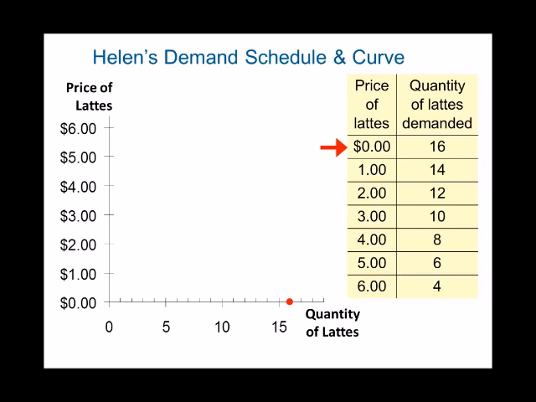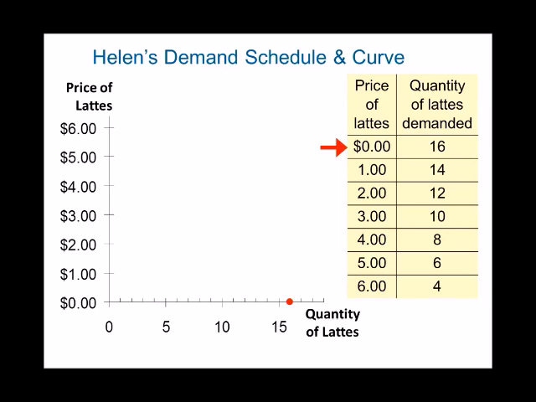In the case of the production possibilities frontier, we said that we didn't care what went onto the vertical or horizontal axis. But in this case, we do care, and it is very important that price is always on the vertical axis, and quantity demanded of the product is always on the horizontal axis.